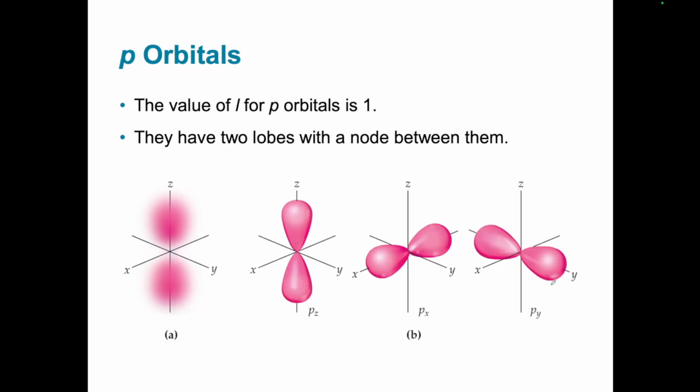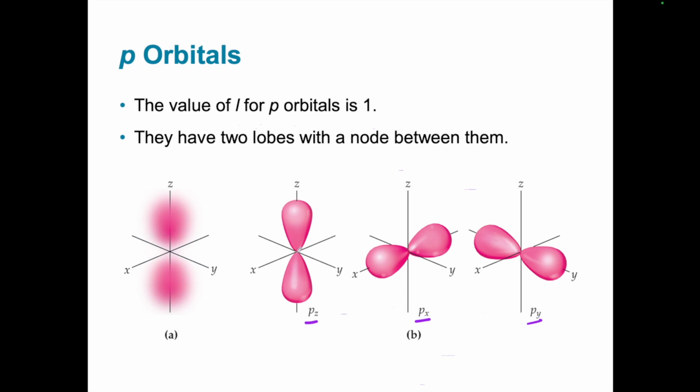So here are the p orbitals. I told you a few minutes ago that the p orbital looks like an hourglass, and there are 3 different p orbitals: the pz, px, and the py. The reason why they're named this is because of where they're positioned on the x, y, and z axes. So this is a 3-dimensional axis, of course, and the z axis is the one that goes up and down.